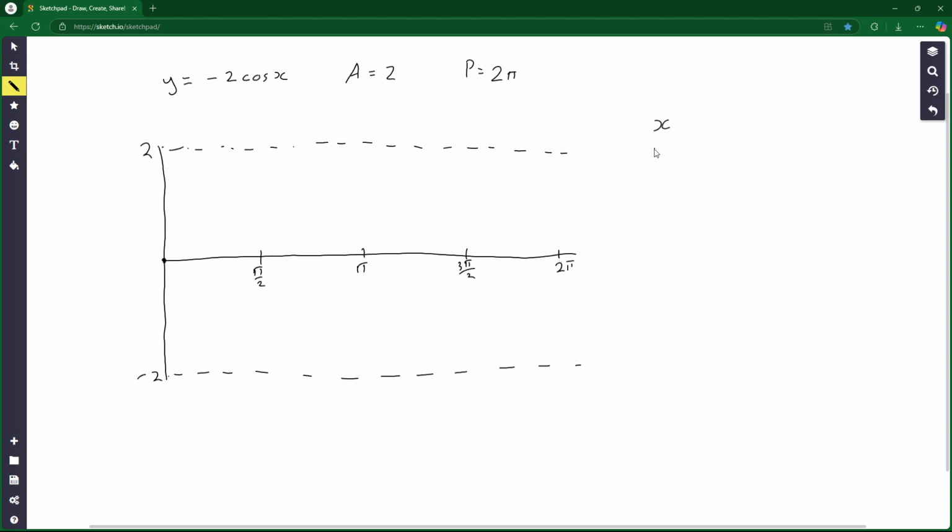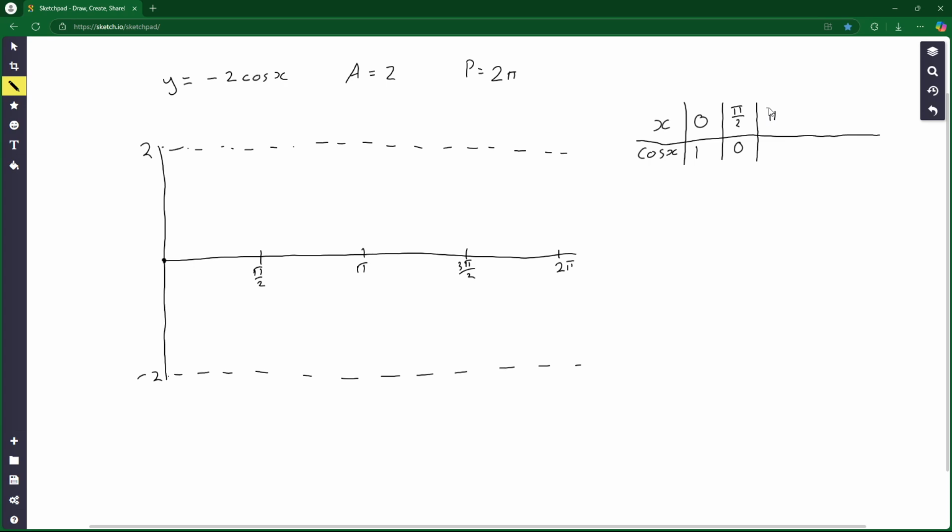So we'll have our x and cosine x. When x is equal to 0, cosine is going to equal 1. Cosine at pi over 2 is going to equal 0.